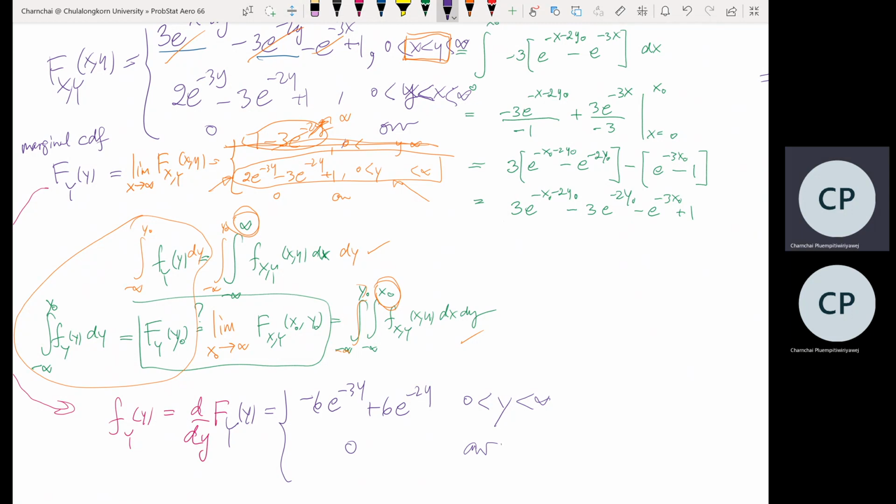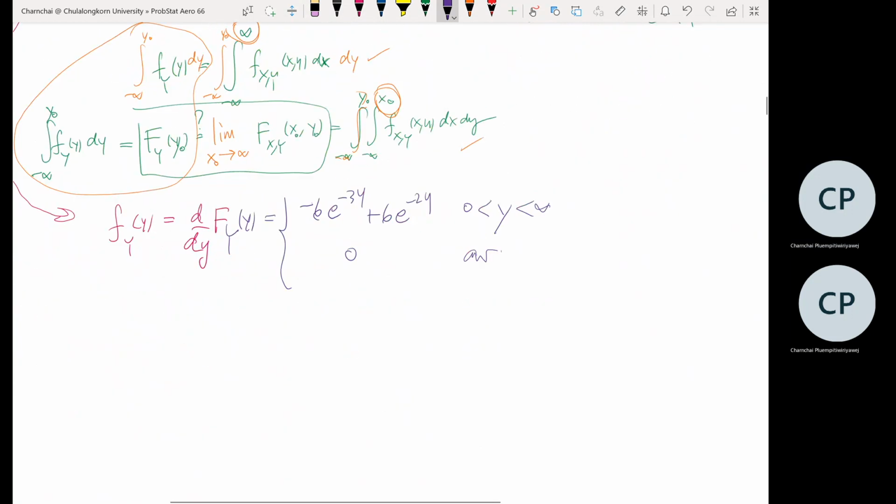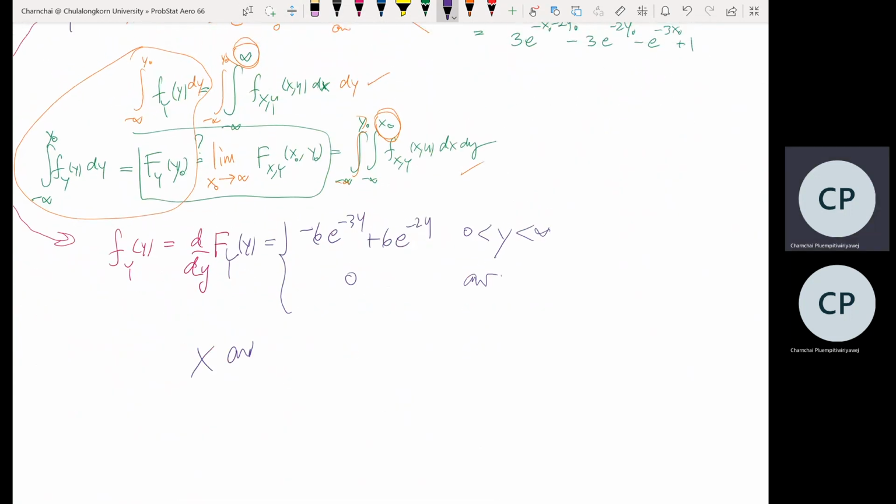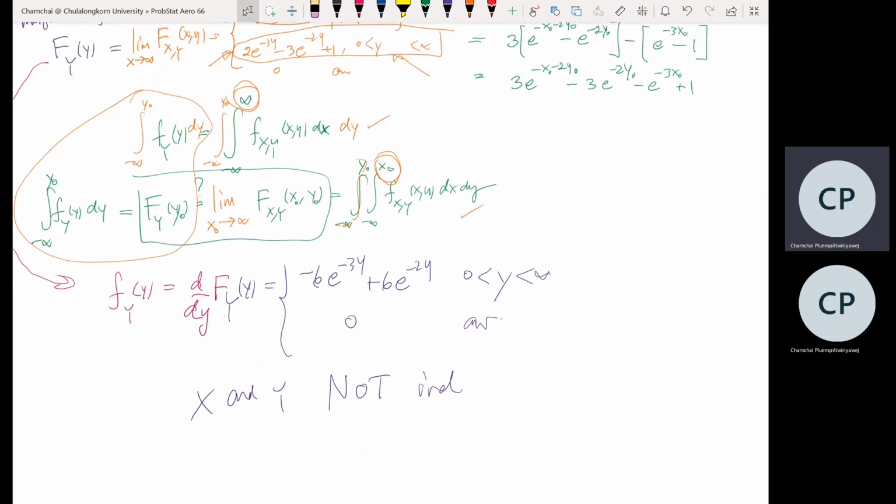And the last question: are X and Y independent? No, not independent, because the joint of x, y is not equal to the marginal x times the marginal y.